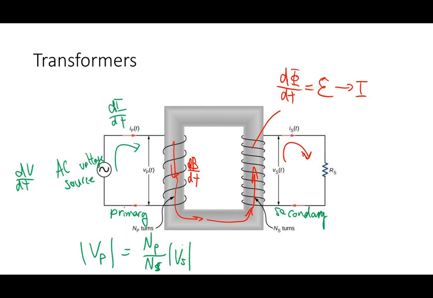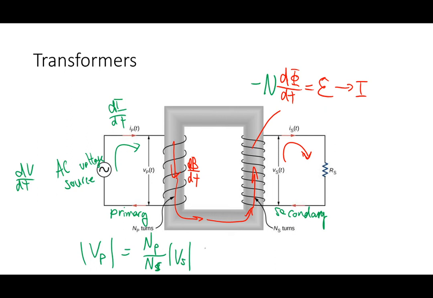The voltage at each end will depend on the number of turns, because the more turns you have on this side, right, the more magnetic field you'll create, but the amount of EMF that gets picked up on the other side will depend on how many loops there are on that side. So the number of turns is what's going to determine how much voltage is going to be on the secondary side based on the primary side.